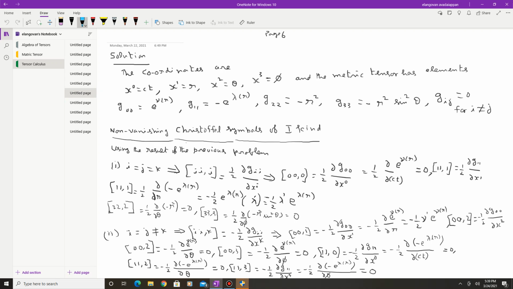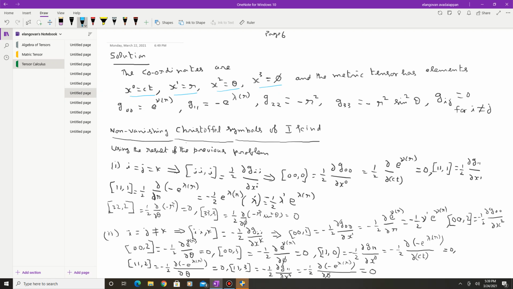Now how will you find the Christoffel symbols? In this problem, what are the coordinates? There are 4 coordinates. Time is one coordinate here, so x0 is equal to ct. x1 is r. Another coordinate is theta and another is phi. So r, theta, phi as well as t, there are 4 coordinates. And the metric tensor has elements. What is g00? The coefficient of c squared dt squared, that is e to the power nu. The coefficient of dr squared is g11.